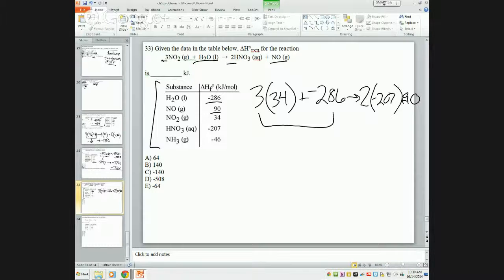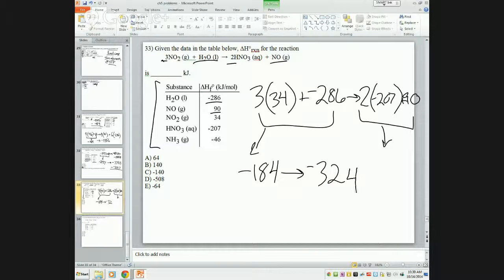So I combine them to figure out my heat of reactants. I combine these to figure out the heat of my products. And I get a negative 184. Goes through the reaction to give you a negative 324. So, well, how much did that change? You just take the difference between them, and I get my final answer of C.